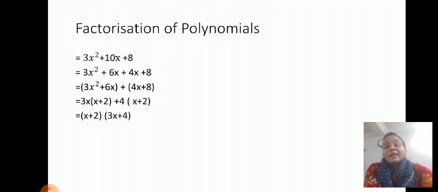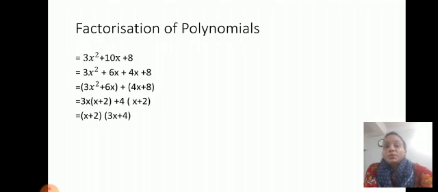So we arrange the factors so that they add up to 10. 6 into 4 is 24, and 6 plus 4 is 10. So we split it as 6x plus 4x, and that's why we now get 4 terms: 3x square plus 6x plus 4x plus 8.